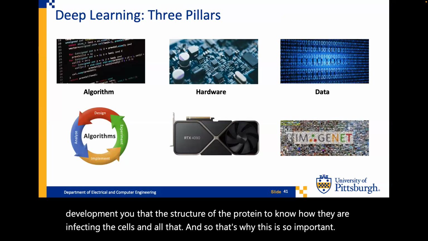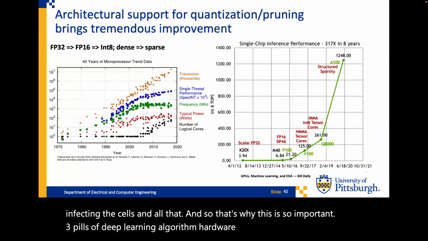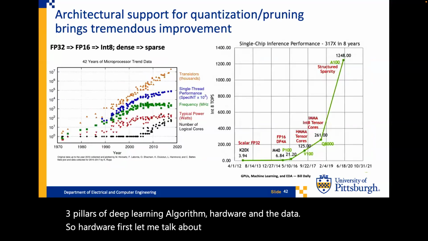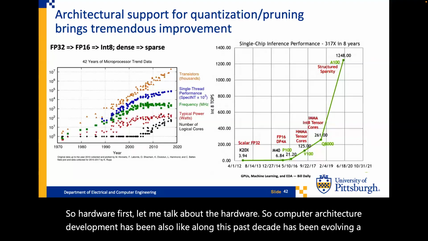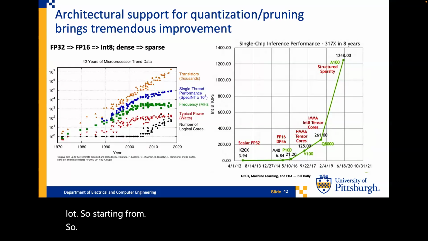Three pillars of deep learning: algorithm, hardware, and data. First, let me talk about the hardware. Computer architecture has been evolving a lot over this past decade, especially to support all these compression methods.